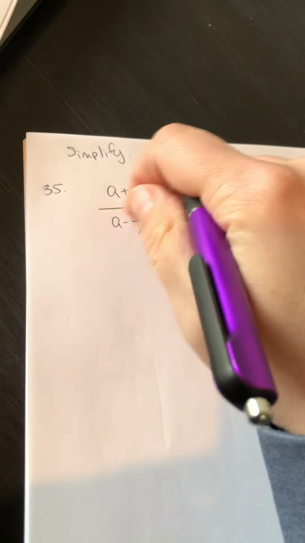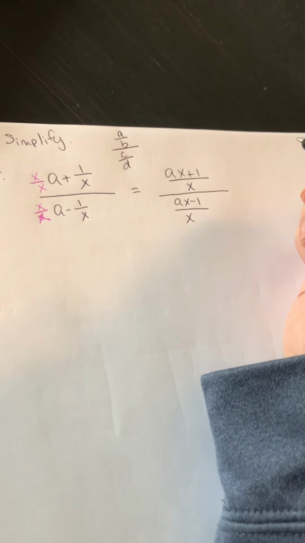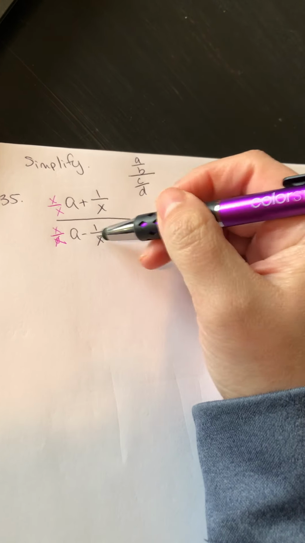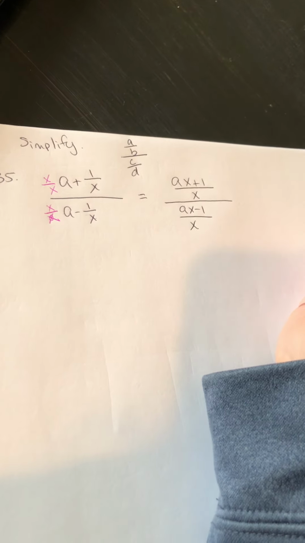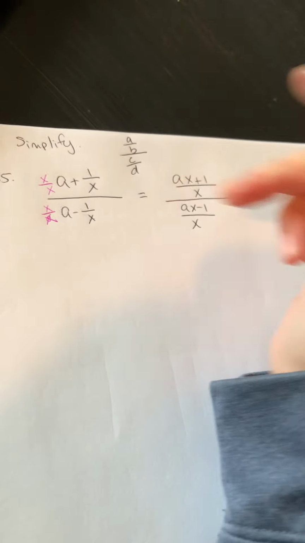Same thing down here. So we have ax plus 1 over x, over ax minus 1 over x, after combining them in the numerator and the denominator.